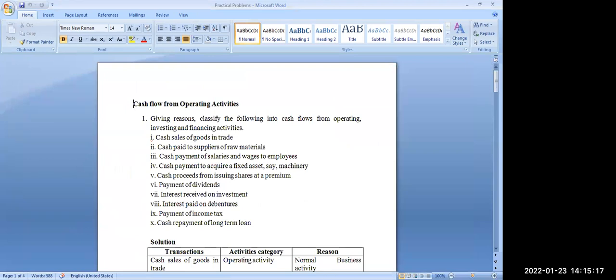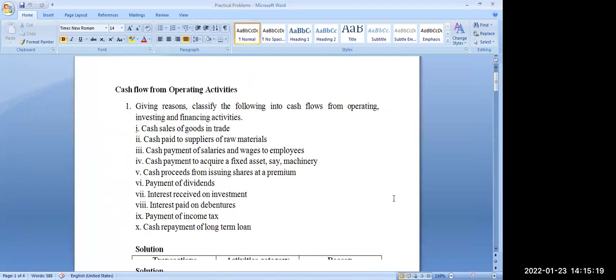Yes, sir. Okay, so look at this. There are some transactions listed here. You are asked to give reasons to classify the following into cash inflows or outflows of operating, financing or investing.